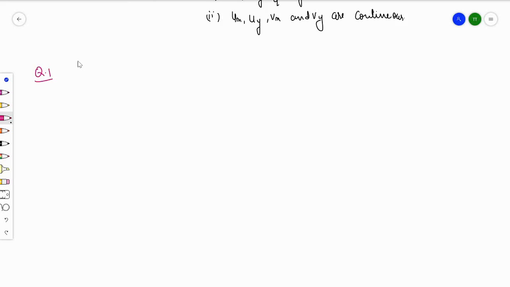Question number 1. Show that f of z is equal to e raised to power x, cos y plus i sin y, is an analytic function.